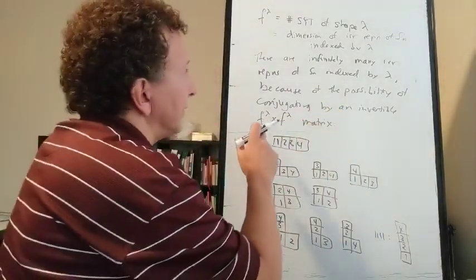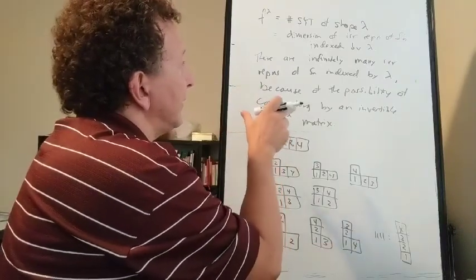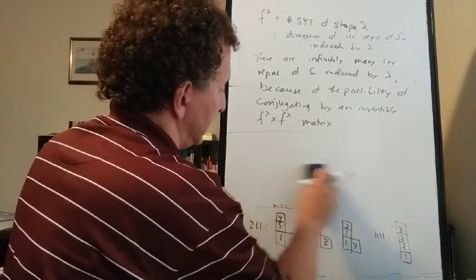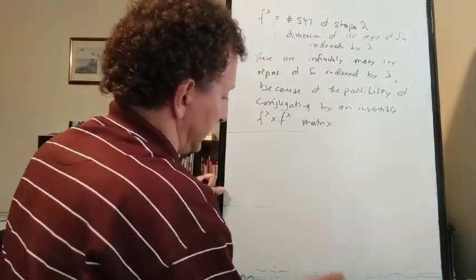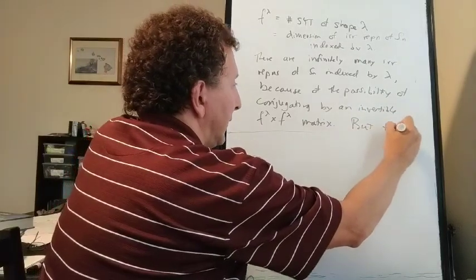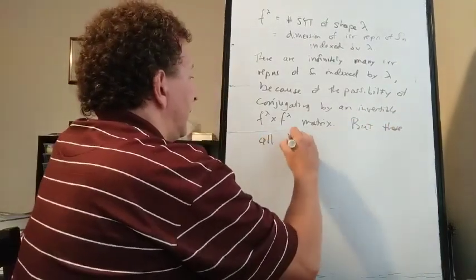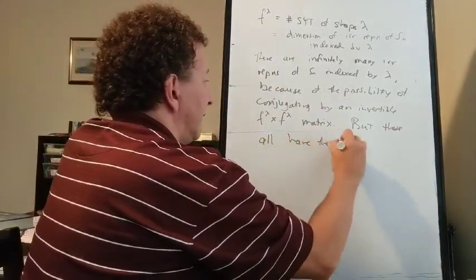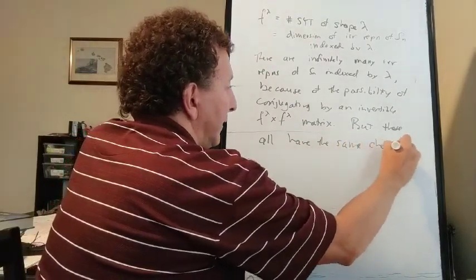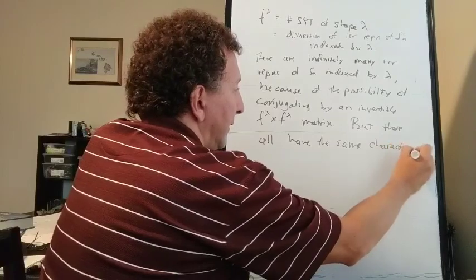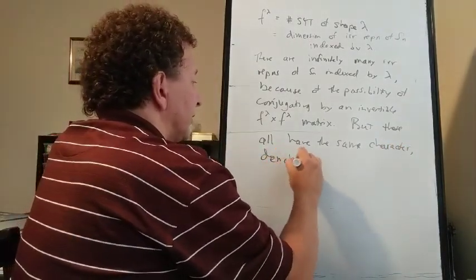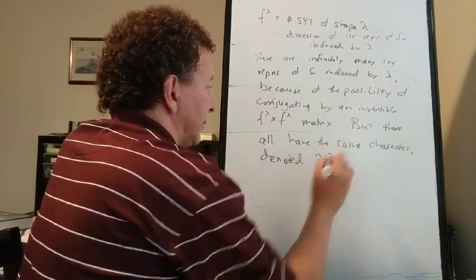But in spite of that, all of those possibilities have the same character. And this is usually written chi lambda.